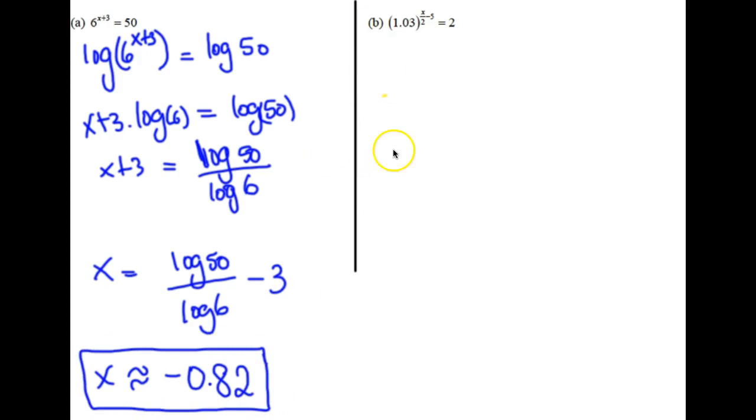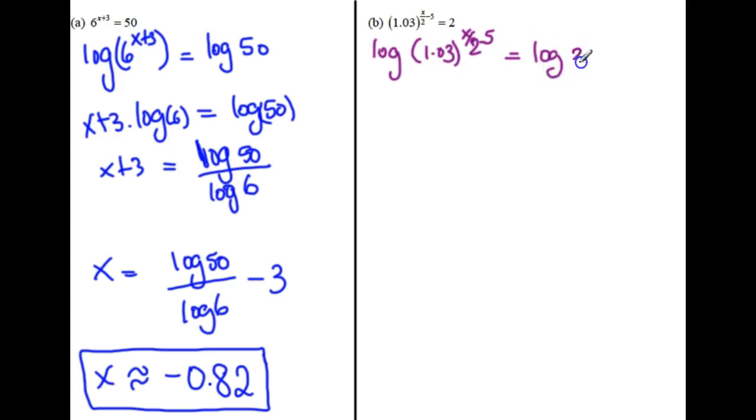Alright, see, it was very similar to what we just did. There's just one more step now. Instead of having x, I have x plus 3. So let's see what's happening on this side. So we'll do our first step. The log of 1.03 to the x over 2 minus 5 is equal to the log of 2.